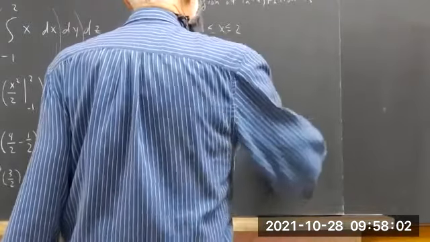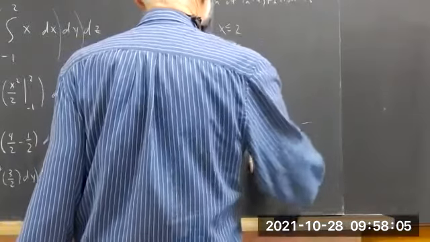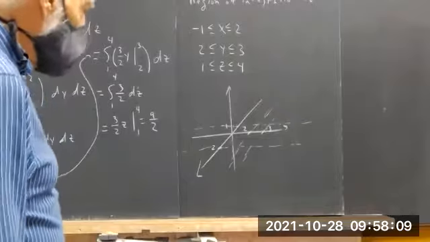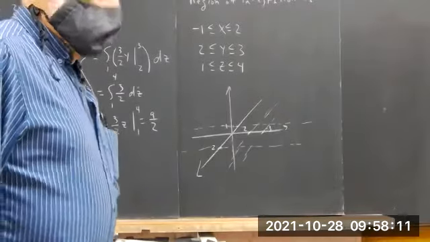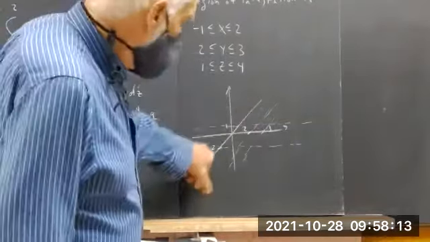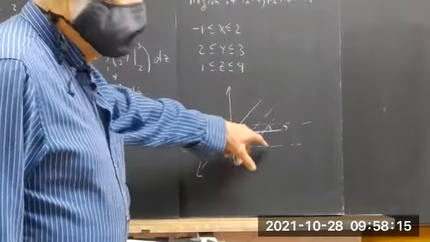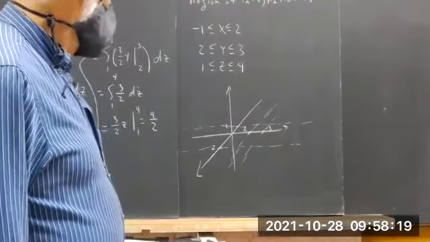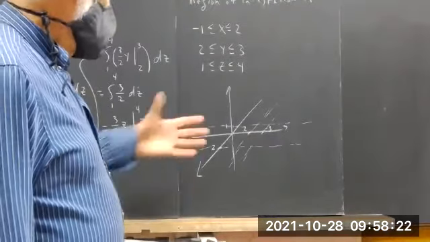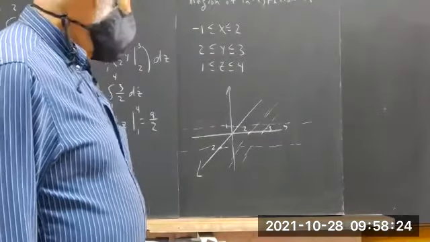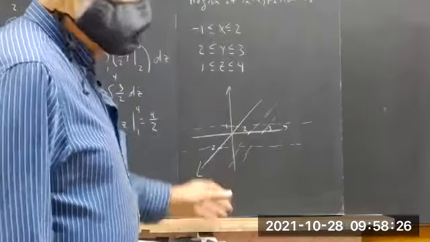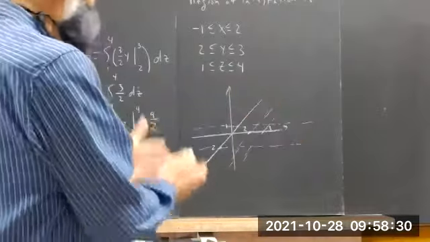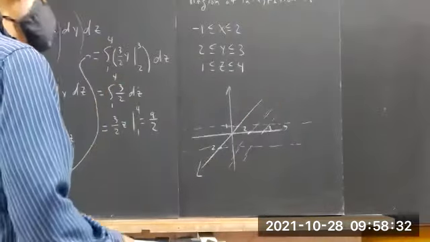So the inequality 2 less or equal to y less or equal to 3 in the xy plane corresponds to this infinite strip between y equals 2 and y equals 3. In 3 dimensions, it would correspond to everything above and below that. Okay, between the planes y equals 2 and y equals 3. Everything between those 2 planes.